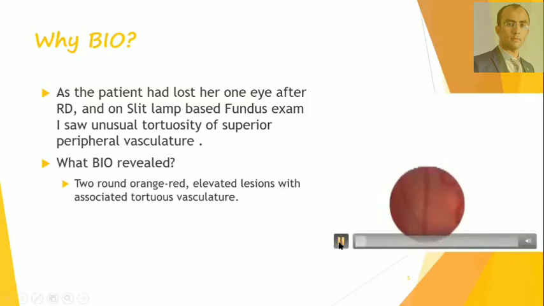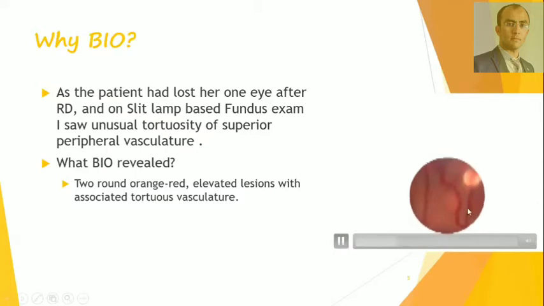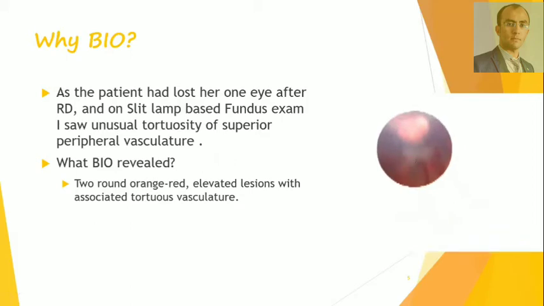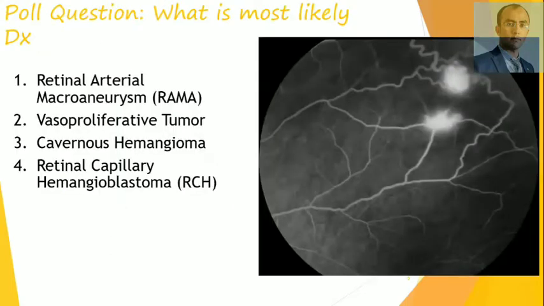You can see that when following the course of these vessels, we can see one elevated lesion over here, and a second lesion being supplied by those dilated and tortuous vasculature. Now over here, we can see the fluorescein angiogram for that eye, and this is a poll question.